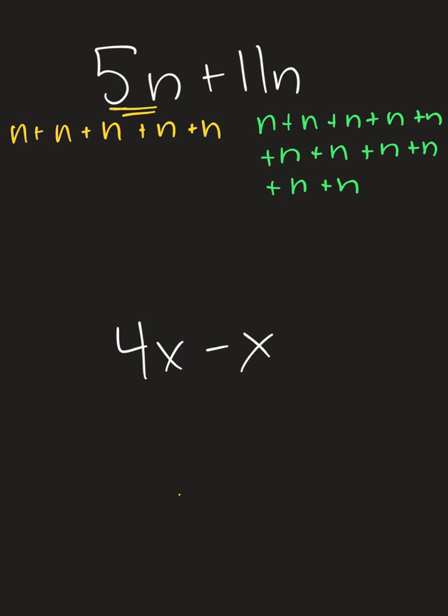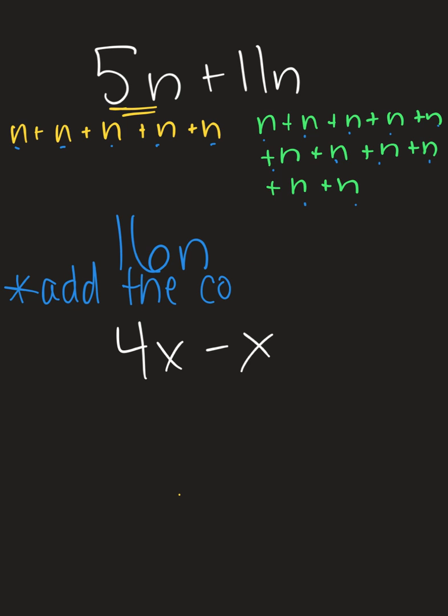Okay? And what I'm doing is I'm adding these all up. I'm combining the coefficients. Okay? So I have 5 n's here. I have 11 n's here. So when I count all those up, 5, 6, 7, 8, 9, 10, 11, 12, 13, 14, 15, 16, I end up with 16 n's. Basically, what I'm doing is I'm adding the coefficients.